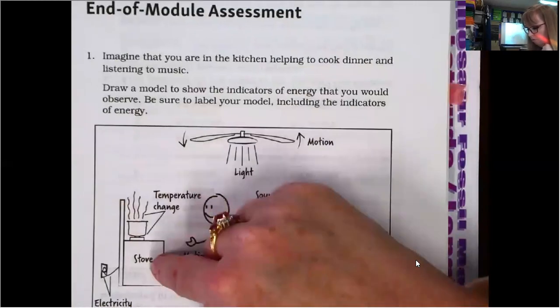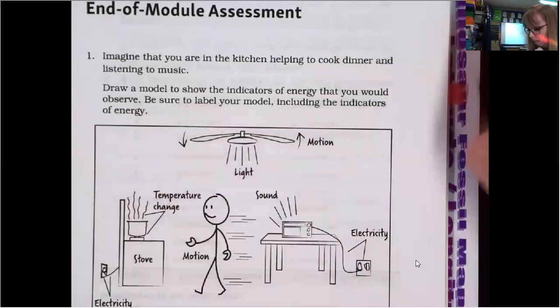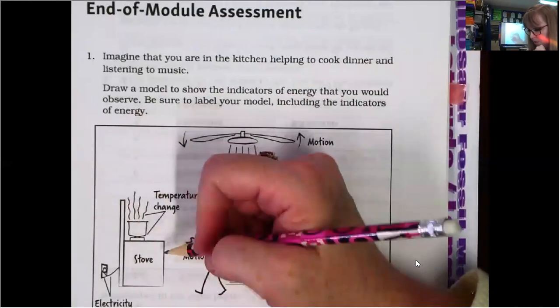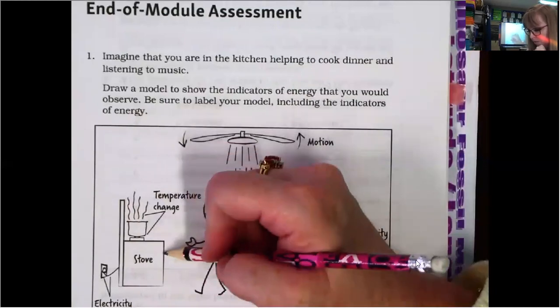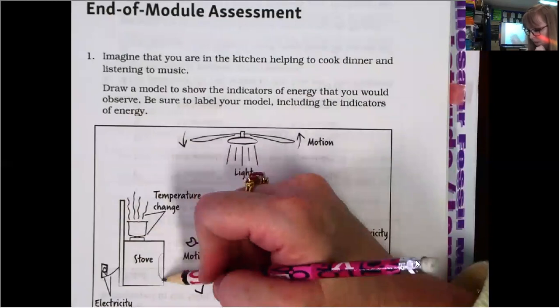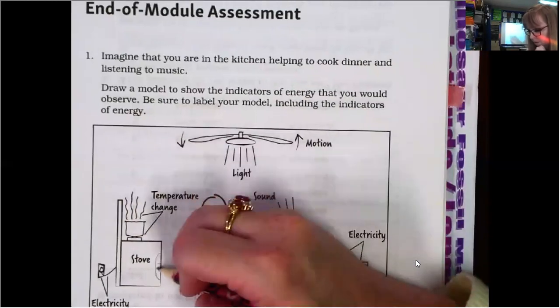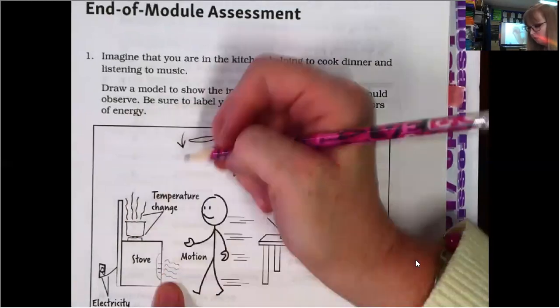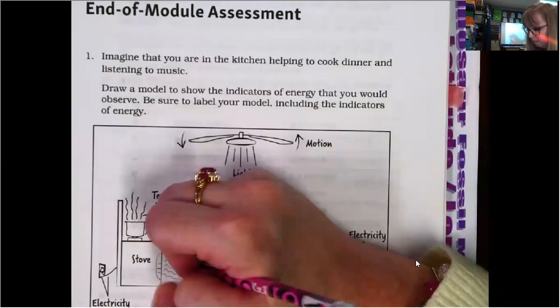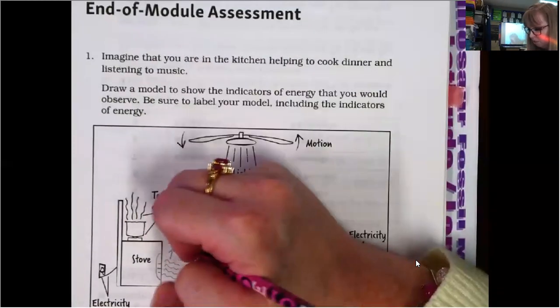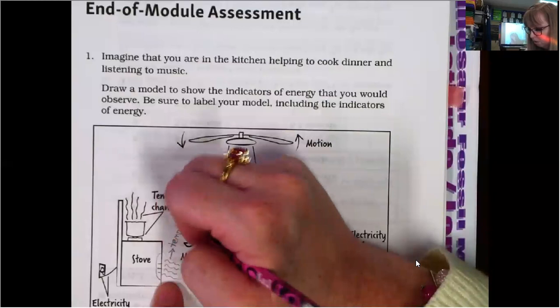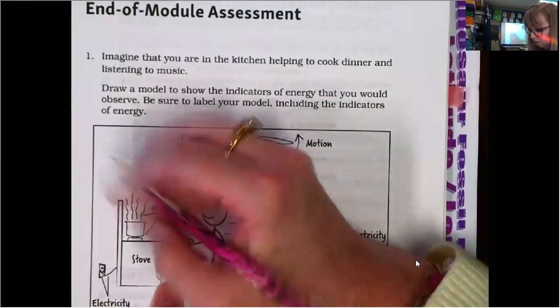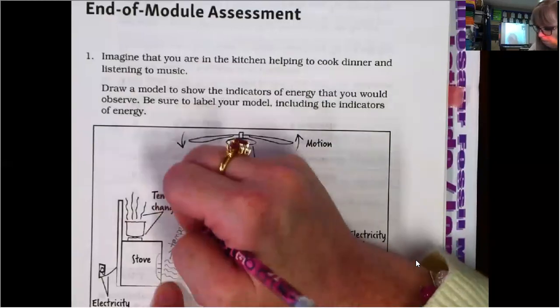They have a stove, and you could even go one further and show, see these little waves out here? My students in my class might recognize that as temperature change from oven.